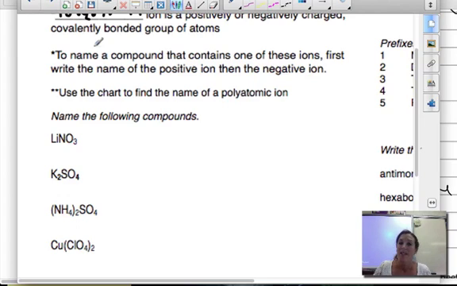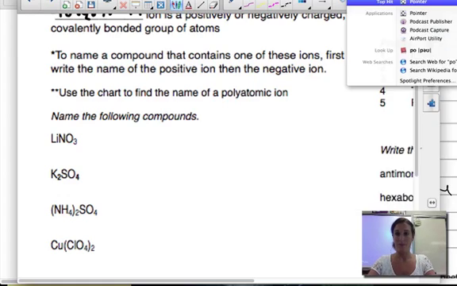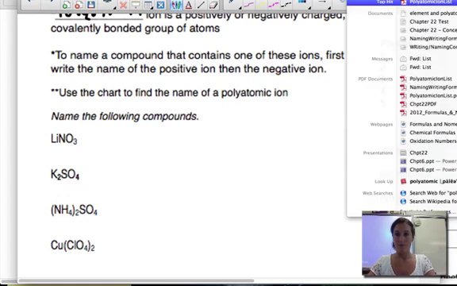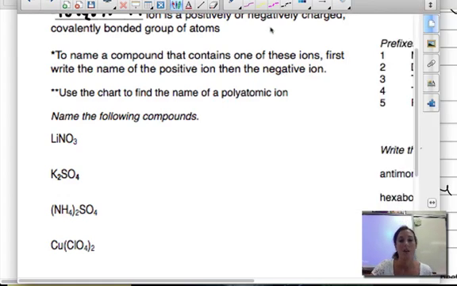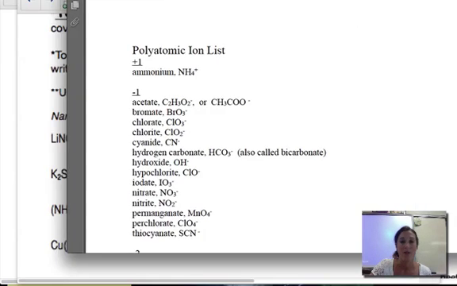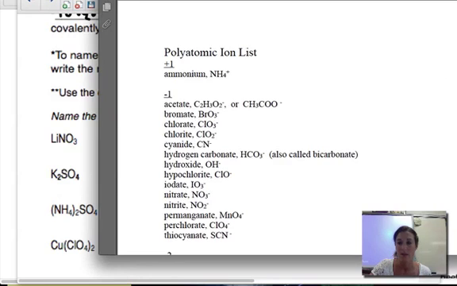So if you notice, this is not binary. That should be your clue. I have 3 elements, not 2. So I need to look on my polyatomic ion list. Let me pull it up here. And find my NO3. So here's the list.